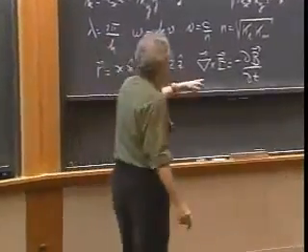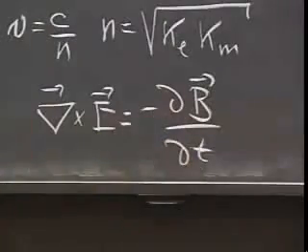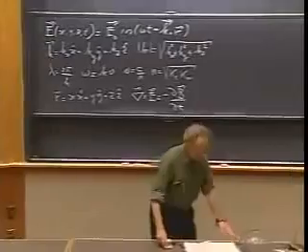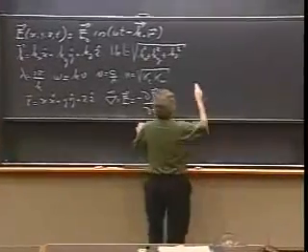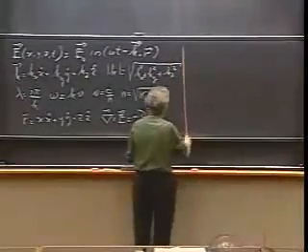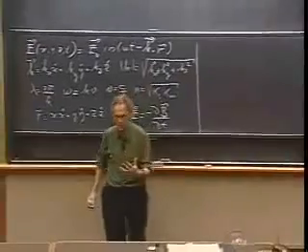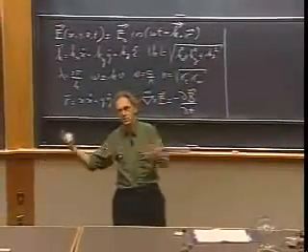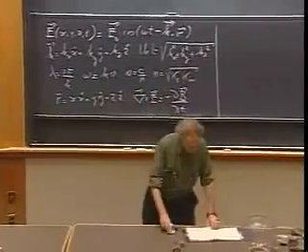And then you have to do an integral in time to get the B vector. And what comes out of this is actually something that I do remember. There is very little in physics that I remember. This is one of the things that I remember, so that I don't have to apply Maxwell's equations every time when I solve these problems.